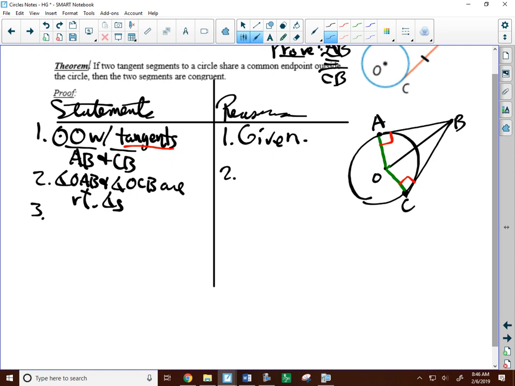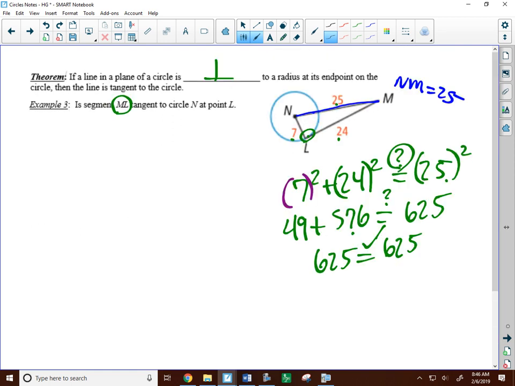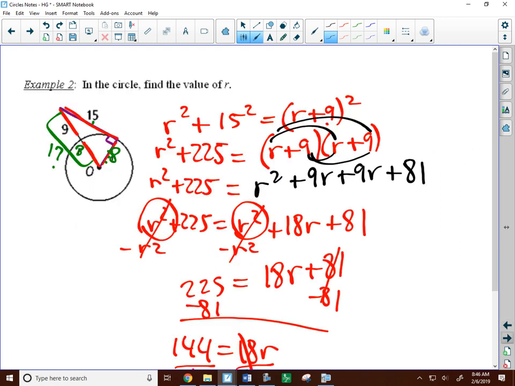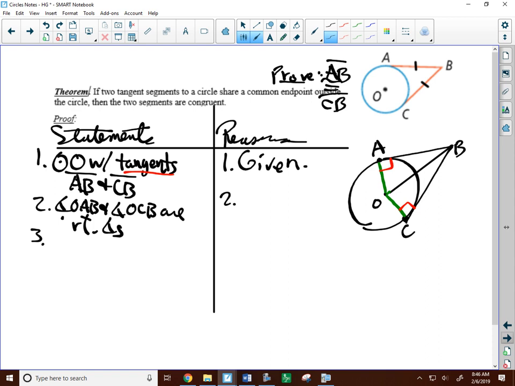So now the reason for this is the last theorem. I'm writing this: a tangent at a radius is perpendicular. I just kind of shortened it. Tangent at radius is perpendicular. You can write the full theorem if you want. And then I need to say the angles are congruent.